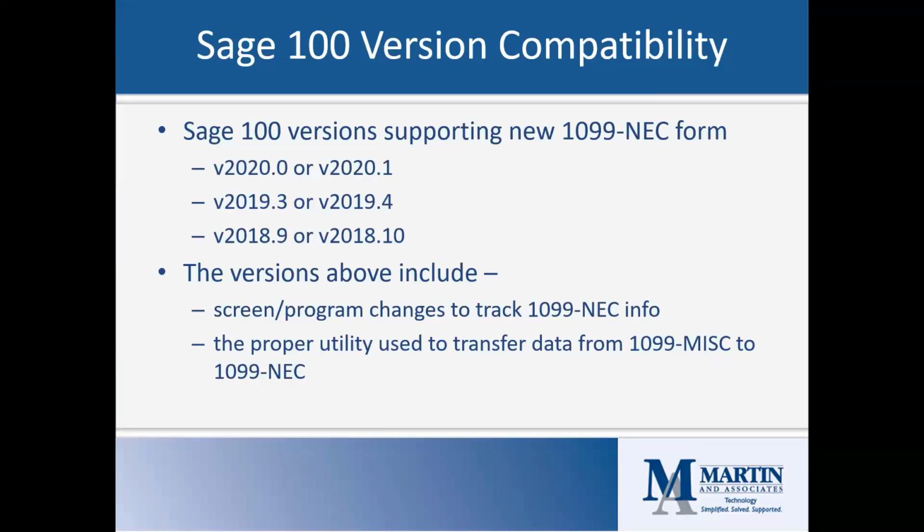The 2019 version needs update 3 or update 4, and 2018 needs update 9 or update 10. So if you're on one of those versions but not on that update level, there is what is called a product update that you have to run. I'll talk about that briefly on the next slide as well.